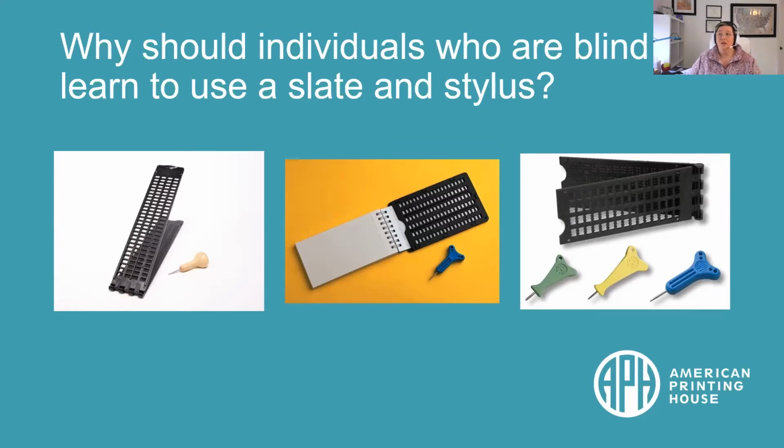Most children really begin writing with a braille writing machine in the area we live, but that is not necessarily true across the world. Many places start with a slate and stylus because that braille writing machine is just too expensive. We have the luxury here in America of having that handy and readily available.